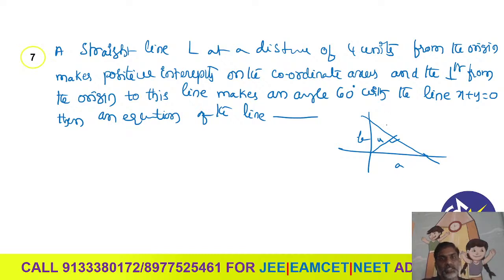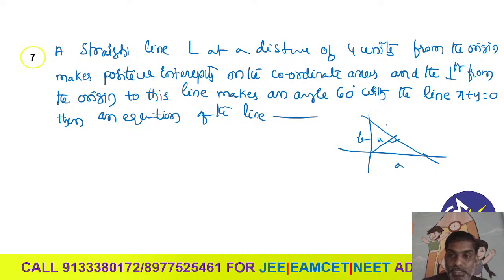So observe this point. A straight line L at a distance of 4 units from the origin makes positive intercepts on the coordinate axis, and the perpendicular from the origin to this line makes a 60 degrees angle with x plus y equal to 0.